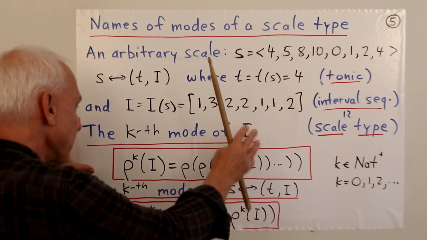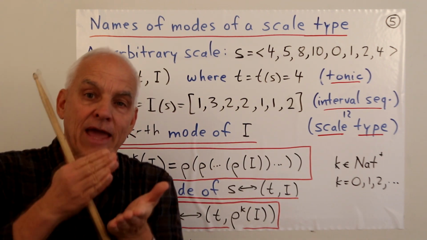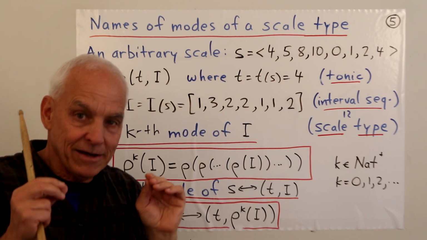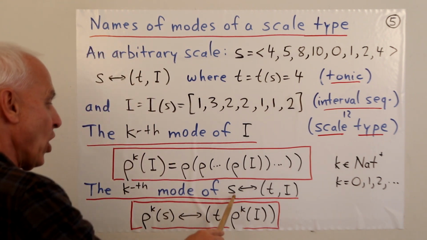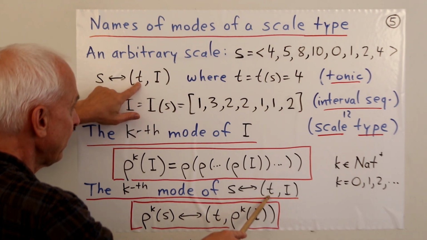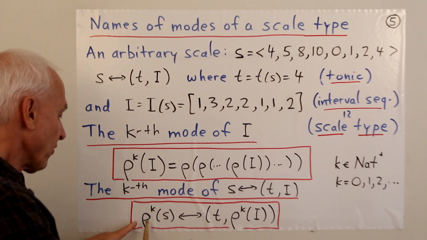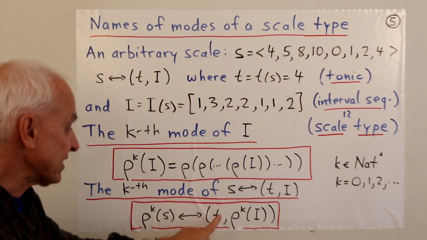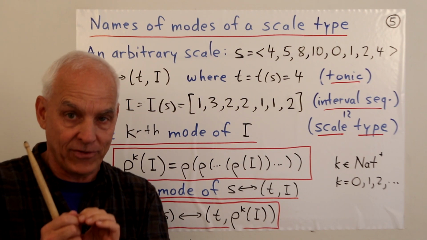Now once we've defined the kth mode of the interval sequence, then we can also define the kth mode of the scale S. These are subtly different concepts. Okay, so what's the kth mode of S? S, as before, is associated to a tonic T and an interval sequence I. Well, we're going to define it this way: rho k of S is going to be the new scale which has the same tonic T, so it starts the same way that S does.